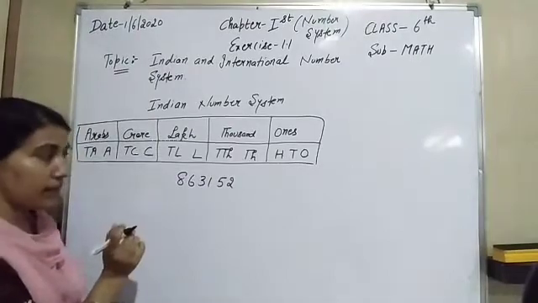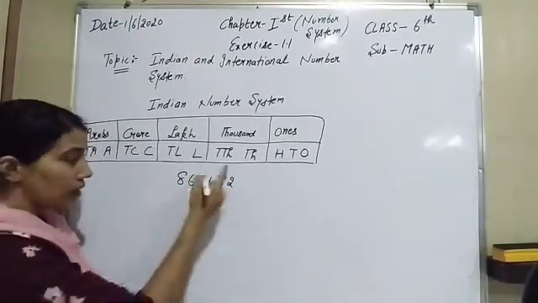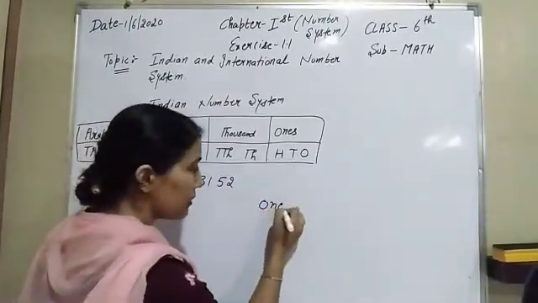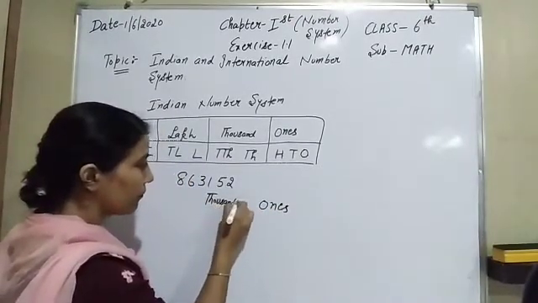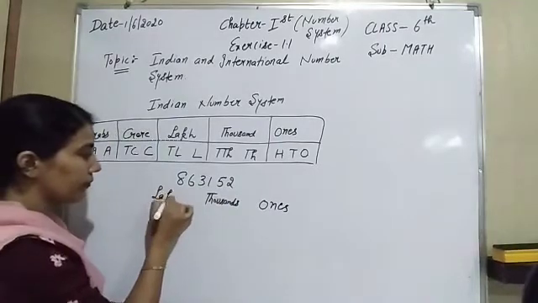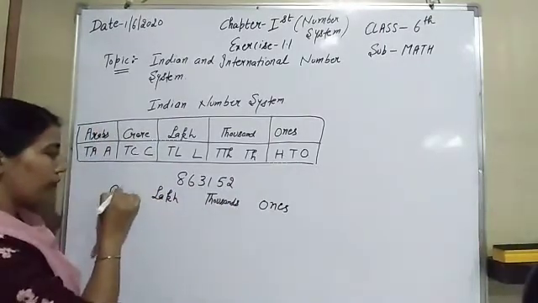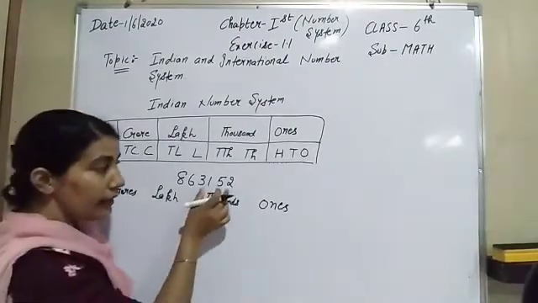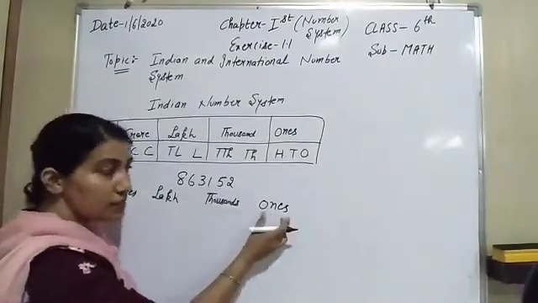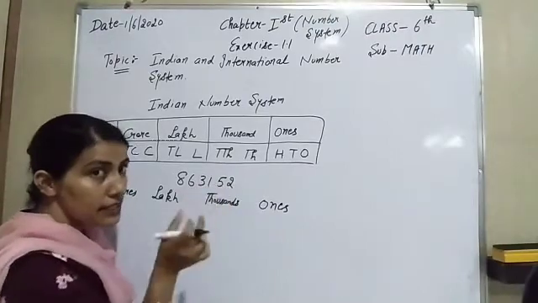So firstly, look at this table. Here is ones, here is thousands, here is lakhs, and after that is crore. If there is need, we can write the arabs also. I have told you that in the ones place, you just have to write the last three digits.